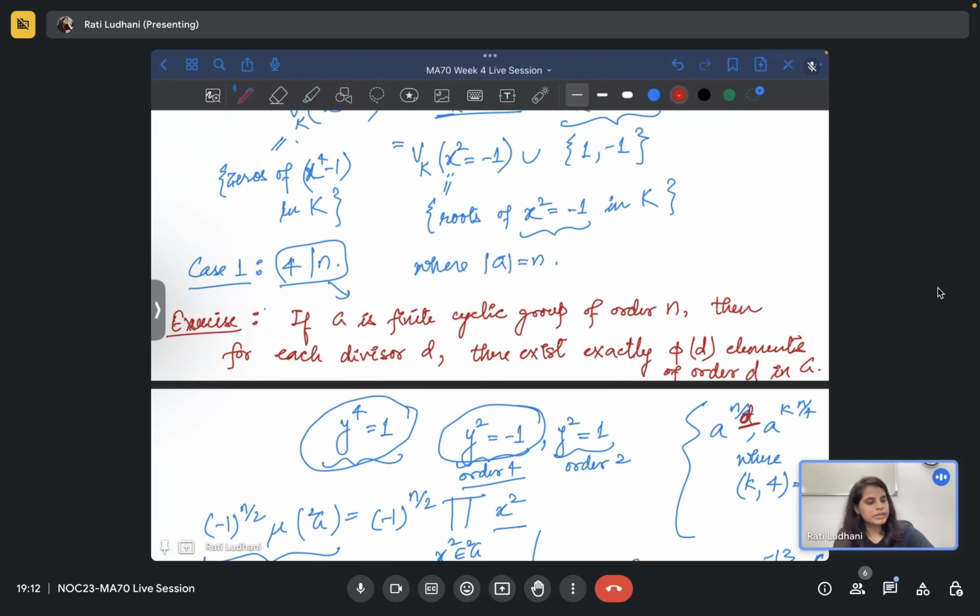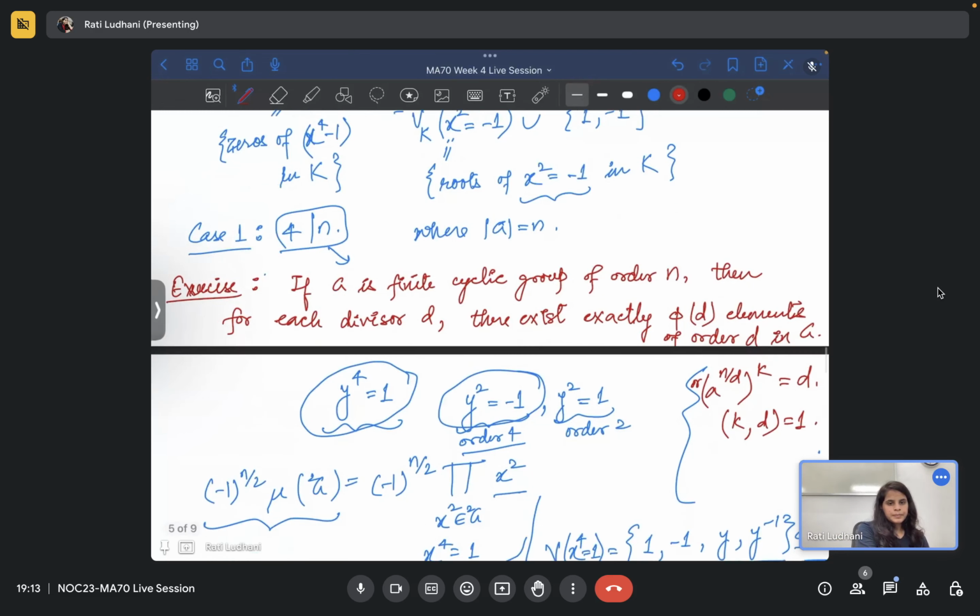So for example d, you consider a raised to power n by d, and you take all the k where the gcd of k and d is equal to 1, then the order of this element will be exactly d, because a raised to power n by d, when you raise it to the power d, you will just get a raised to power n, which is equal to 1, because G is a group of order n. So that can be proved like this. Is that okay? Yes, sir.